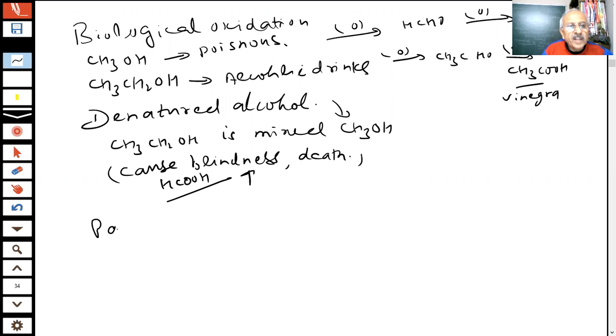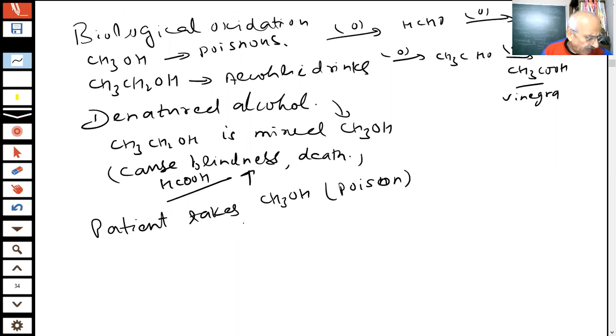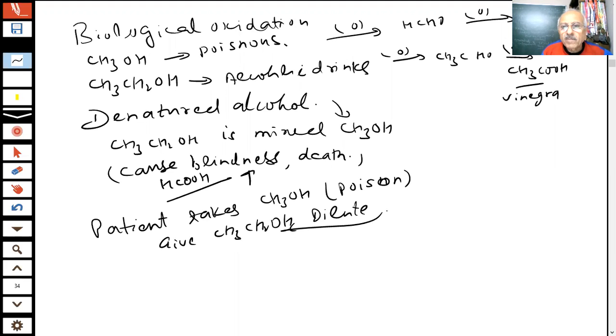So if a patient takes methanol, which is a poison, and has methanol in the stomach, what will they give to the patient? They will give diluted ethanol, CH3CH2OH.